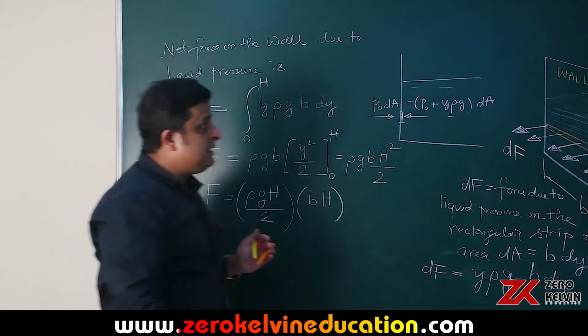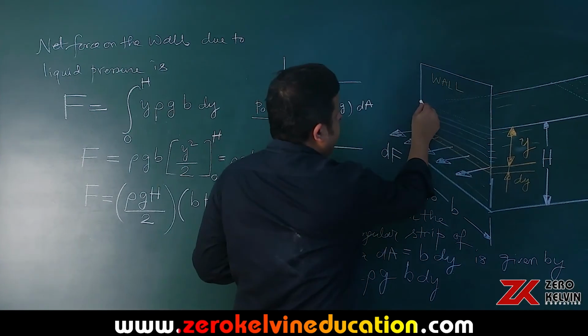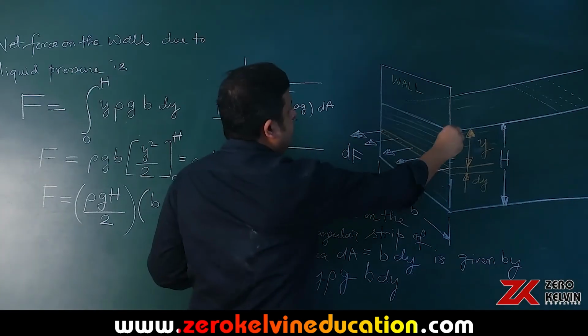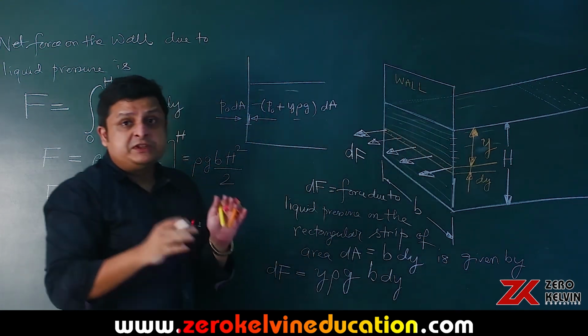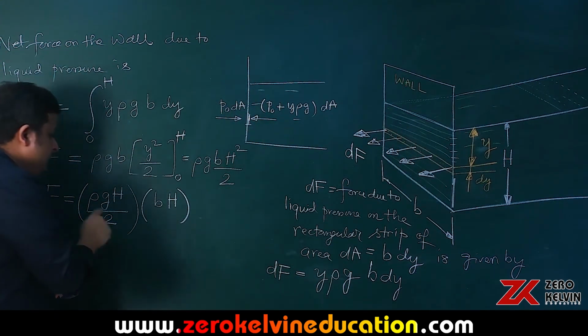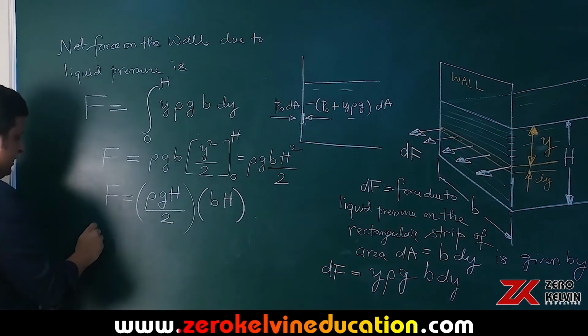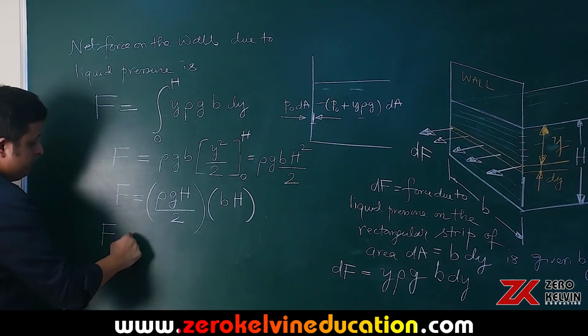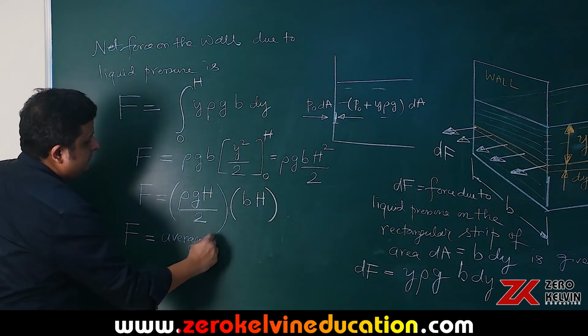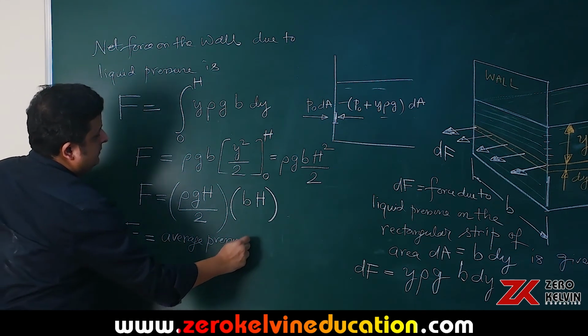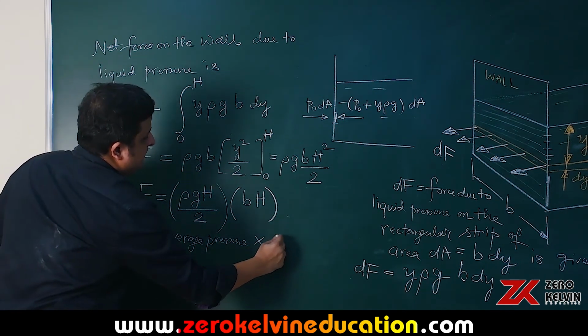See, this much area is wetted by the liquid, of width B and height h. So we consider this rectangle only, which is wetted by the liquid. So force due to pressure is average pressure multiplied by the area.